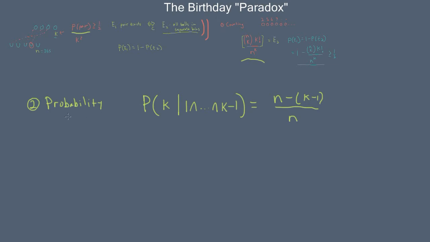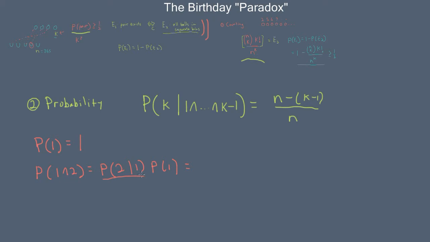Because of that analysis, we can build up a full expression for the probability that all the balls are distinct. So the probability that the first ball is distinct is 1. The probability that 1 and 2 are distinct is given by this expression.